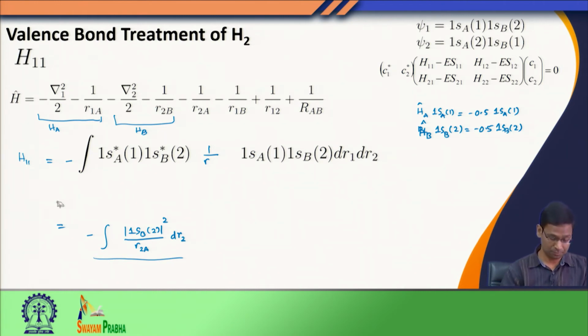I would get a term which will appear as follows; in this case I am looking at r_1b. Now, when I try to solve this integral, I see the operator depends on electron number 1. So the integral that I would have is 1s_a star.